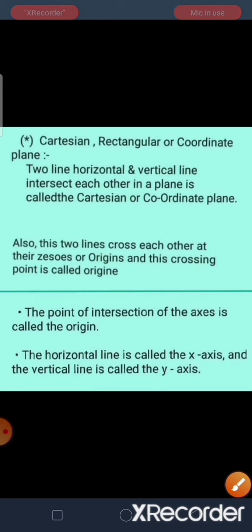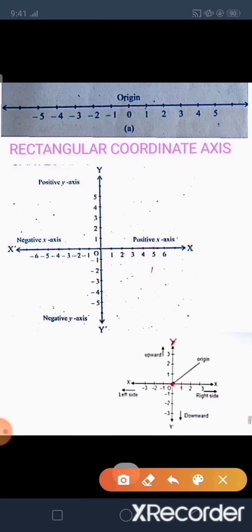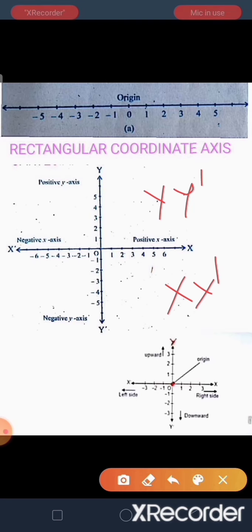Next, the horizontal line x dash x is called the x-axis and the vertical line y dash y is called the y-axis. In our graph, x dash x is the x-axis and y dash y is the y-axis, and these lines are called the coordinate axes of the plane.